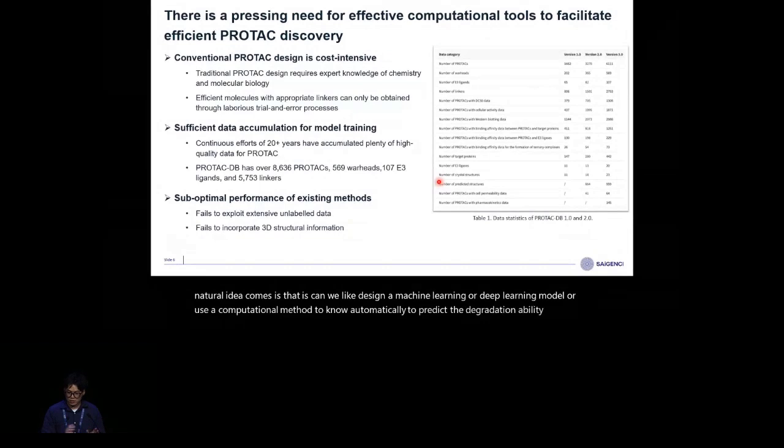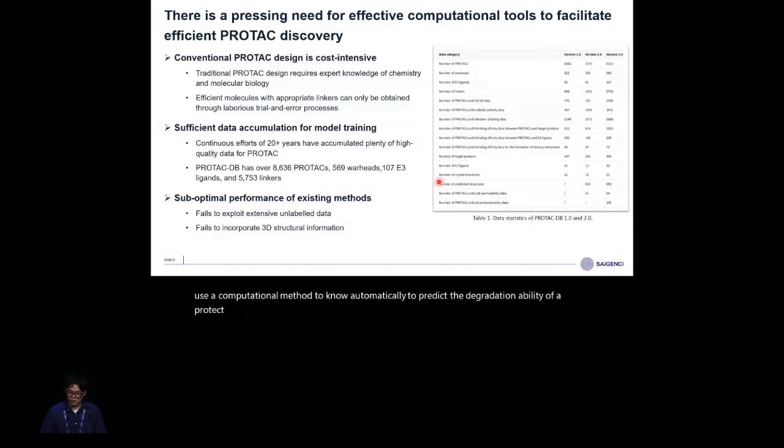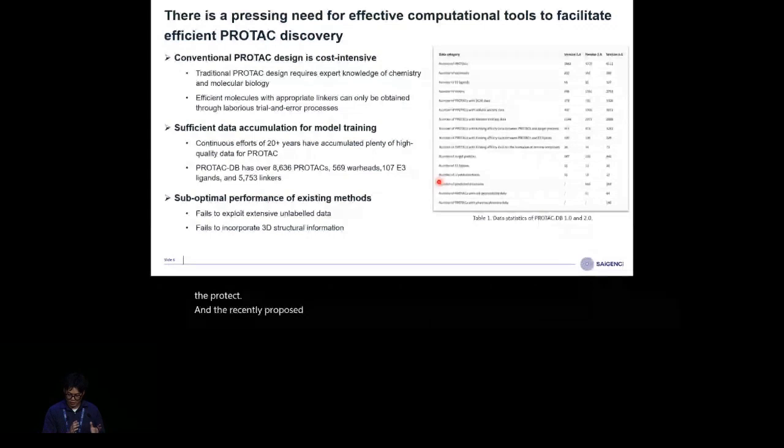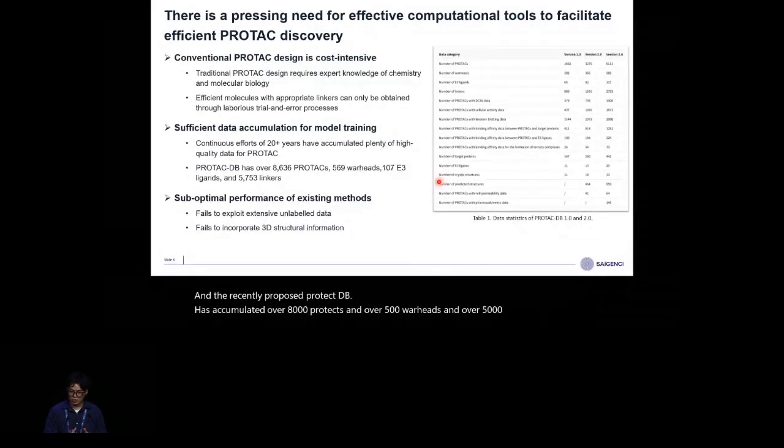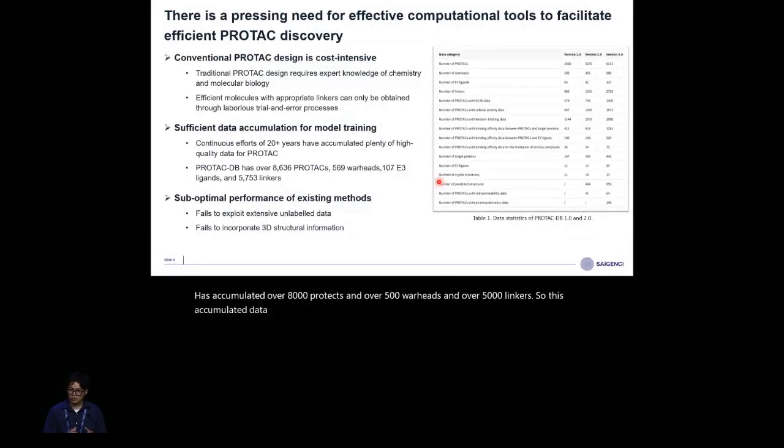So thanks to the accumulation of over 20 years of high quality data on PROTACs, the recently proposed PROTAC-DB has accumulated over 8,000 PROTACs, over 500 warheads and over 5,000 linkers. So this accumulated data makes it possible for us to build a machine learning model to try to predict the PROTAC.